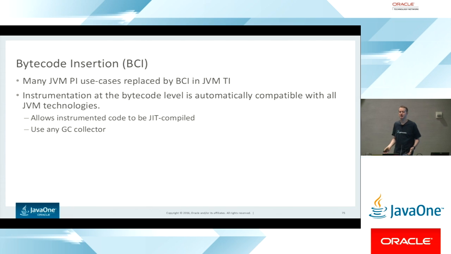But the other side of that is that because whatever you're doing is Java bytecode, it's automatically compatible with everything within the JVM. It doesn't matter what garbage collector you're using, it doesn't matter what JIT compiler you're using. As long as JVMTI itself is supported, it doesn't matter what JVM you're using.